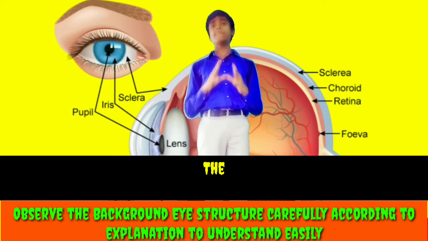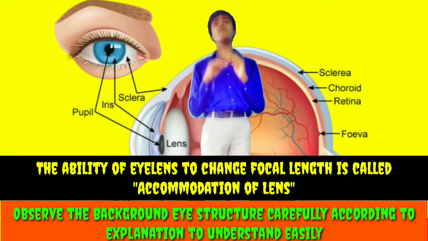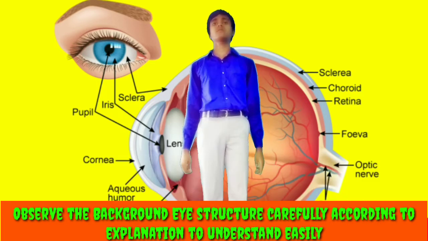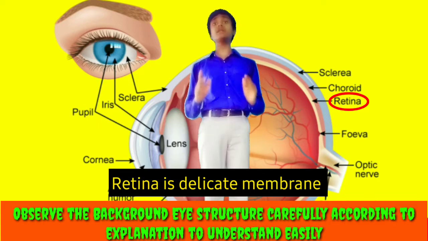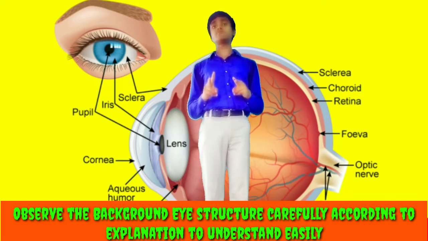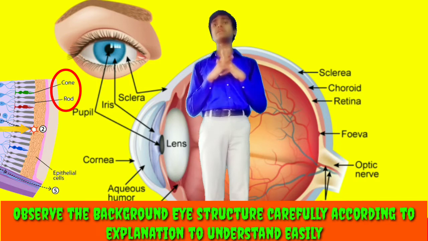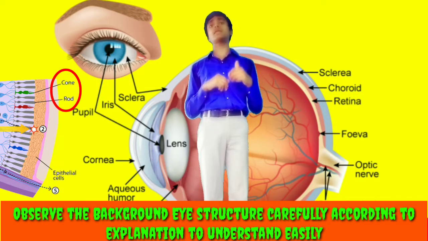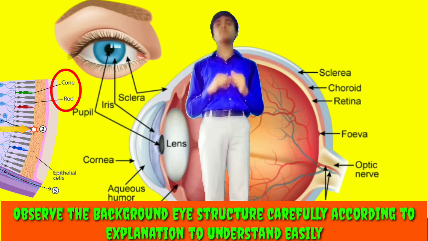The ability of the eye lens to adjust the focal length is called accommodation of the lens. The retina is a delicate membrane which consists of 125 million receptors, which are of two types: rods and cones. Rods help us identify the intensity of light, whereas cones help us identify the color of the light.